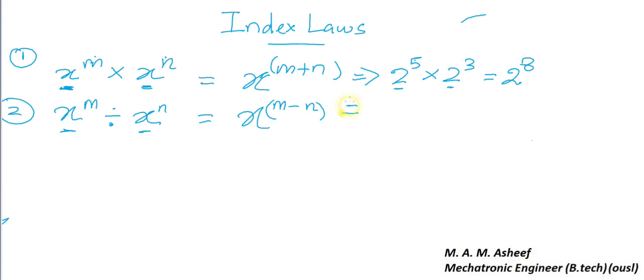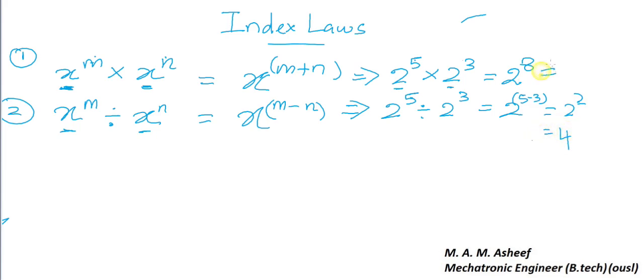In the same manner, if it is 2 to the power 5 dividing by 2 to the power 3, then the base remains same and the powers will get subtracted, 5 minus 3 is 2, so 2 to the power 2. So the answer of this will be equal to 4.